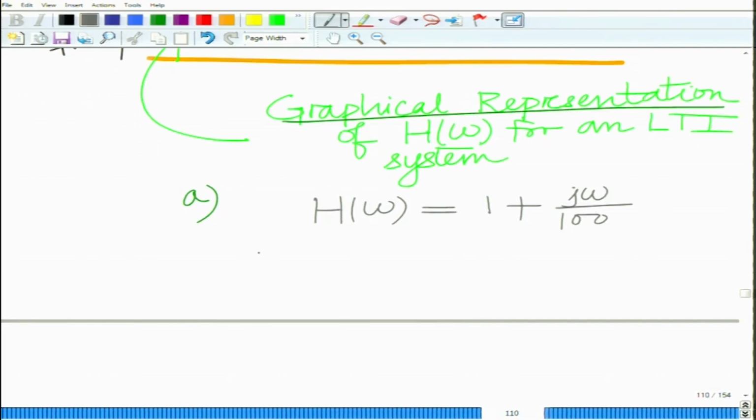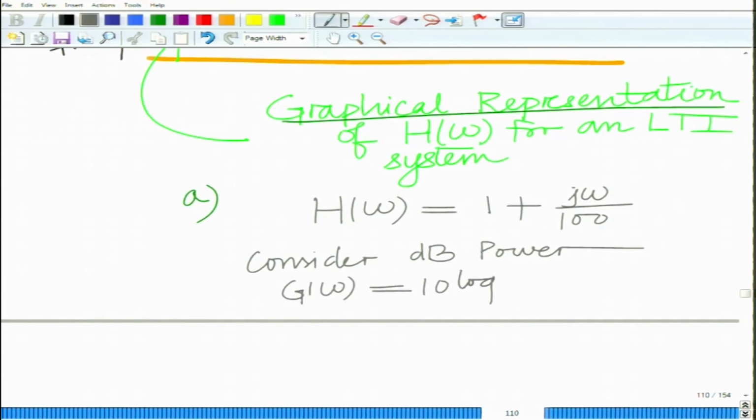Now, consider the dB power, that is given as follows: G of omega equals 10 log to the base 10 of magnitude H of omega squared.